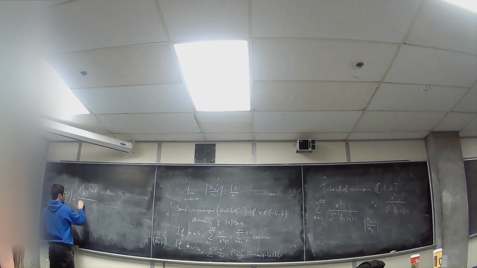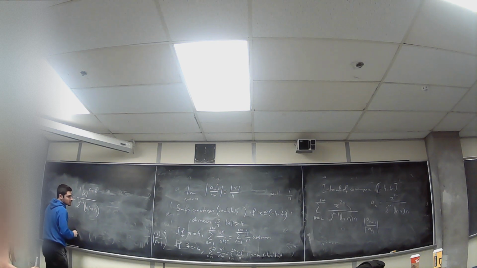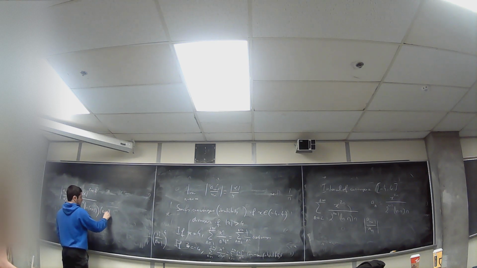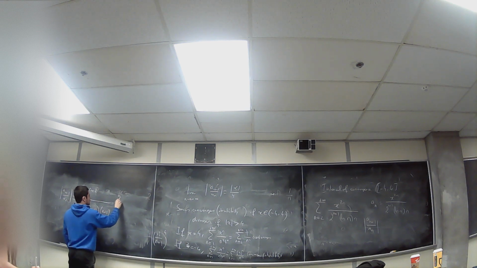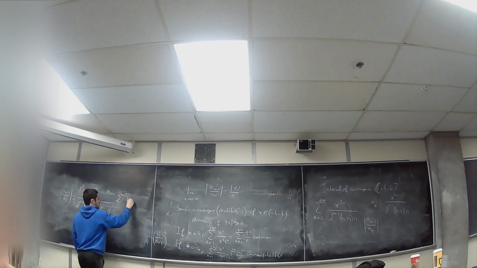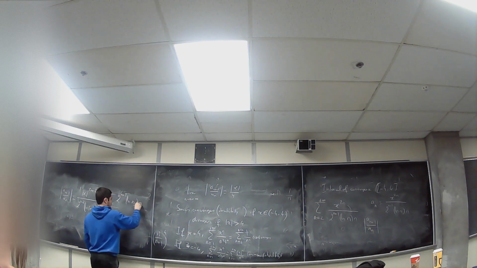Then I have 2n plus 2, then ln(n+1), is that what I have? Times n plus 1. So on top I have 2 to the n plus 1 ln n times n. And then what do I have on the bottom? x to the 2n times 2 to the n.